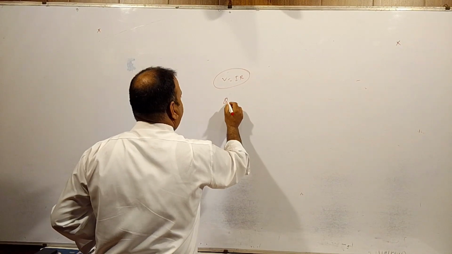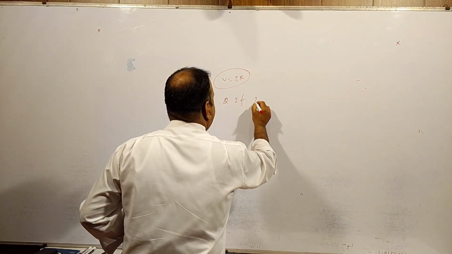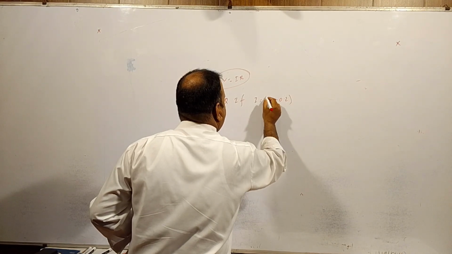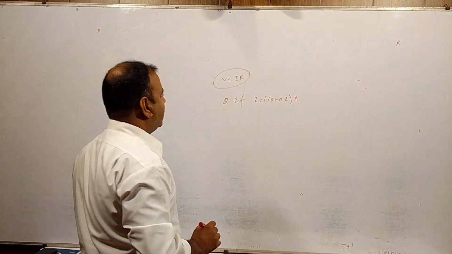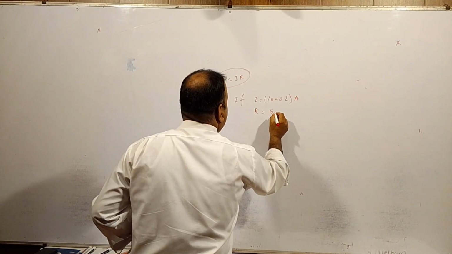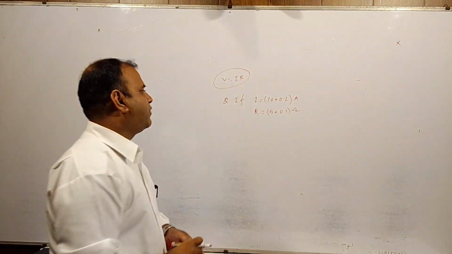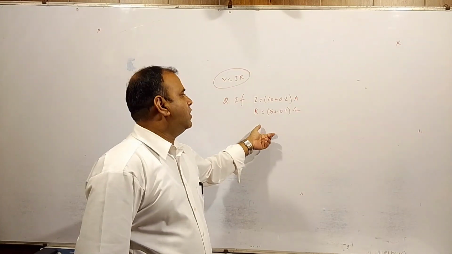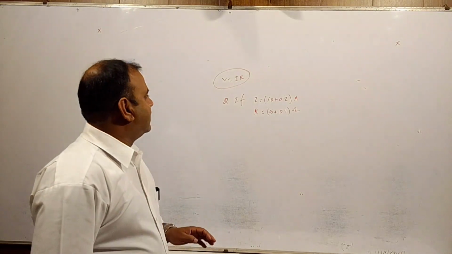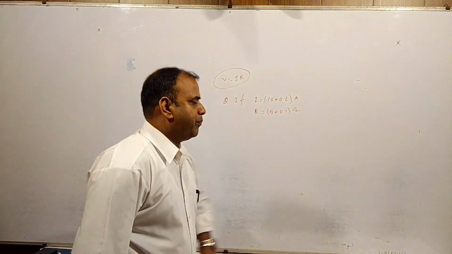If I is equal to 10 ± 0.2 ampere, it is given, and R is given as 5 ± 0.1 ohm. The unit of resistance is ohm and the unit of current is ampere, as you already know.